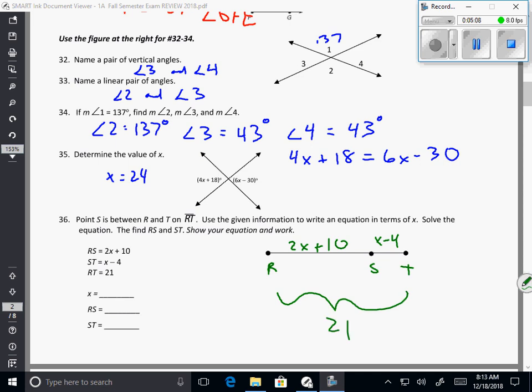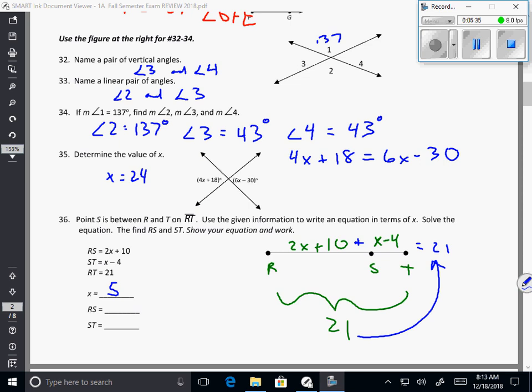So you would set up the equation where 2x plus 10 plus your x minus 4 would equal the 21. Those two segments together should give you 21. Use your algebra, solve for x. You get an x value of 5.